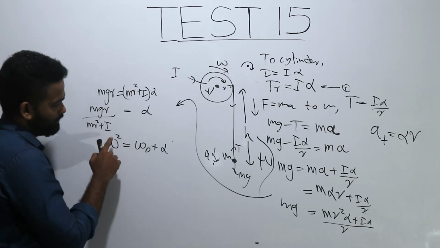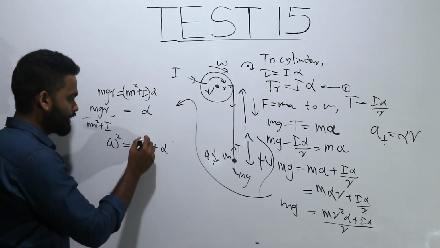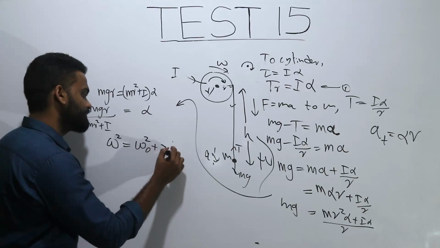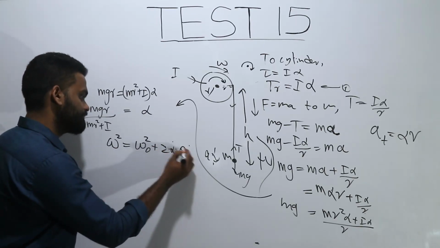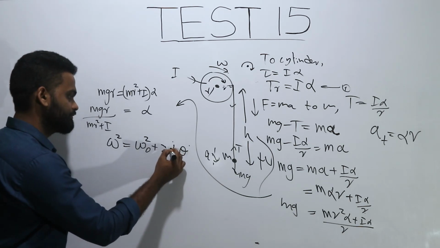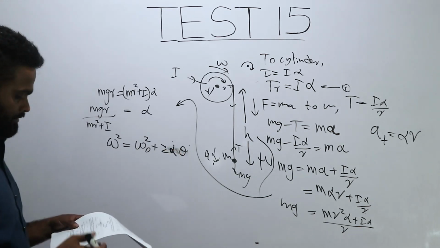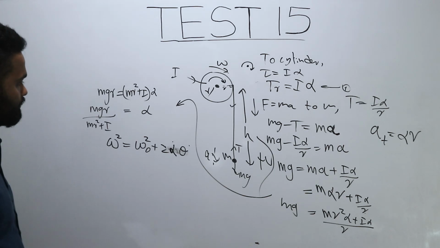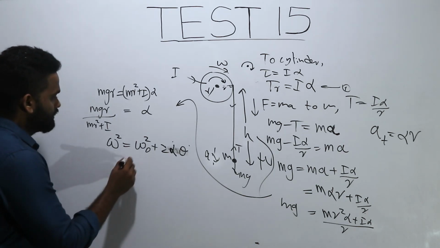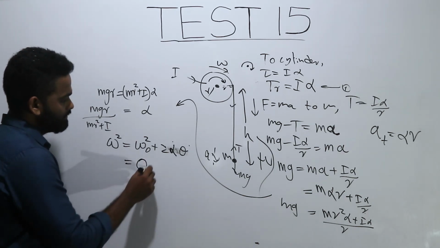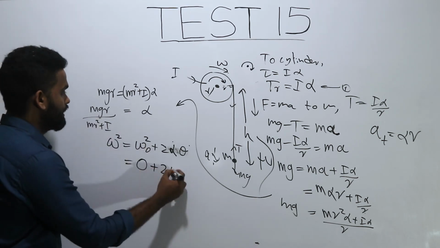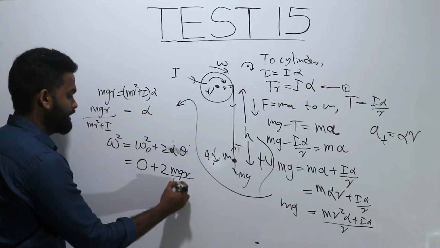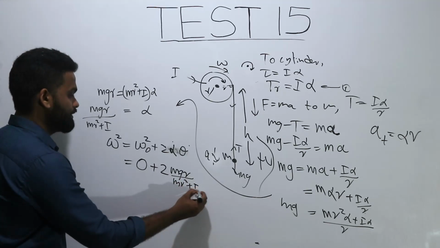So we'll use omega squared equals omega naught squared plus 2 alpha theta. Initial angular velocity is 0. Alpha means this value, mgr divided by mr squared plus I.